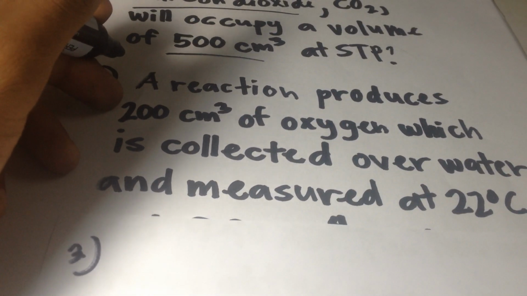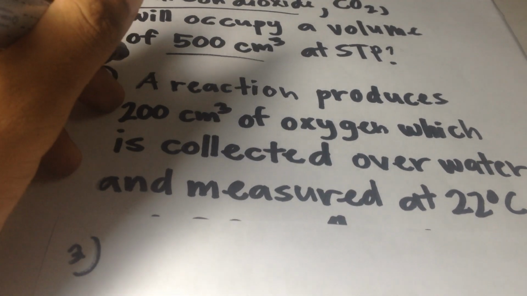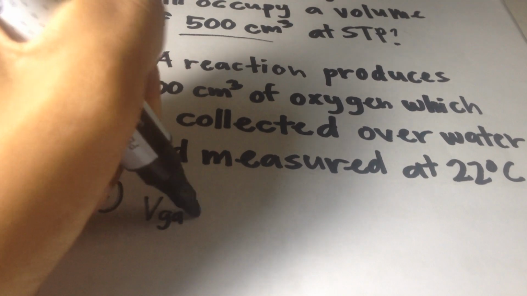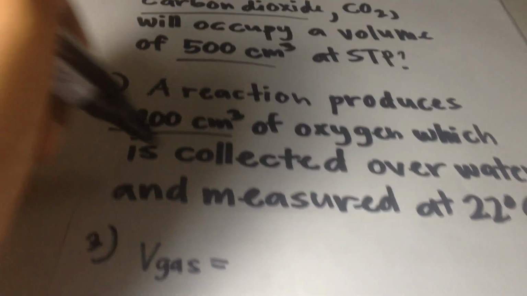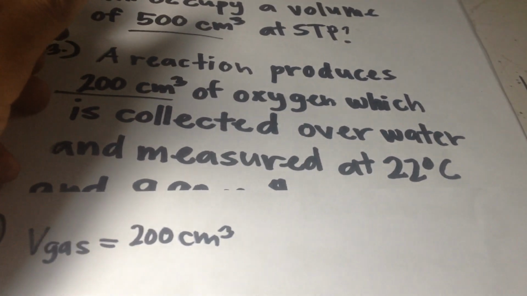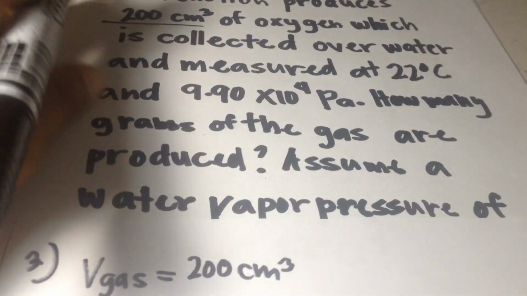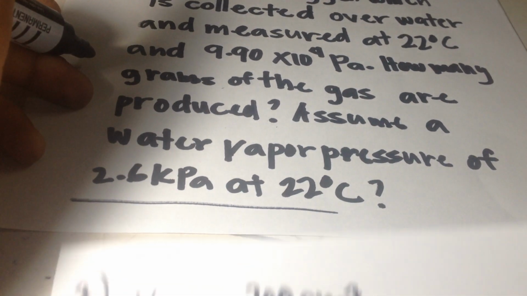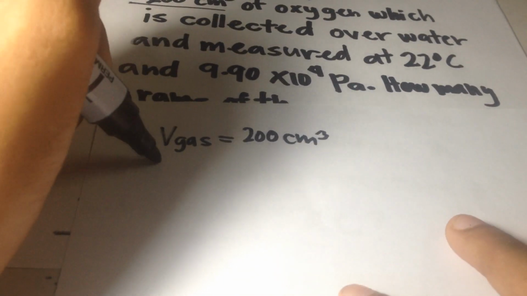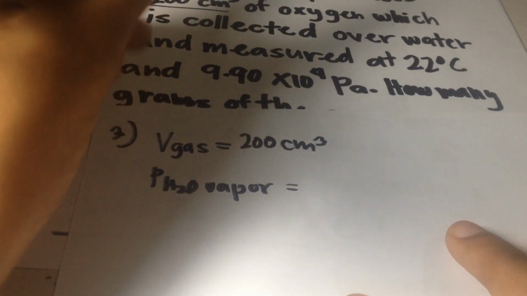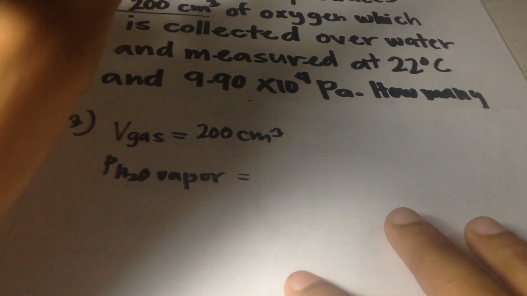So we have the volume of the gas, which is 200 cubic centimeter. The pressure of the water vapor is 2.6 kilopascal.